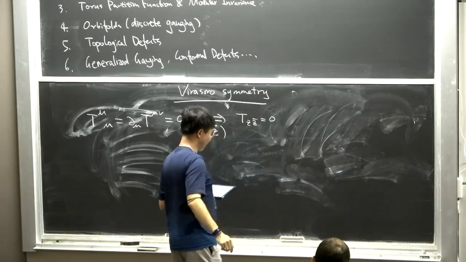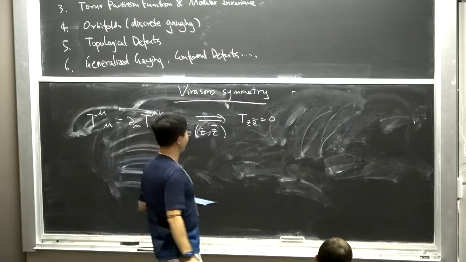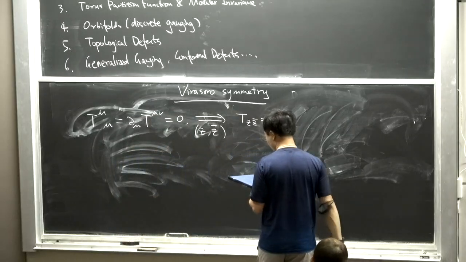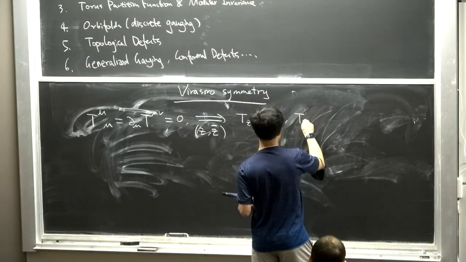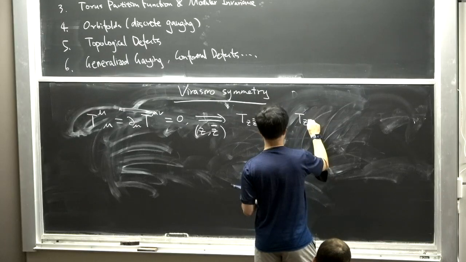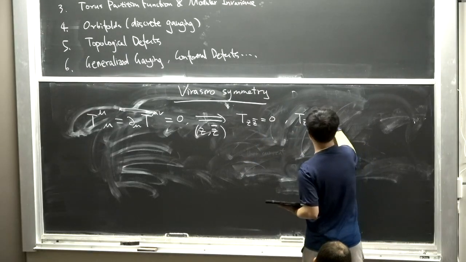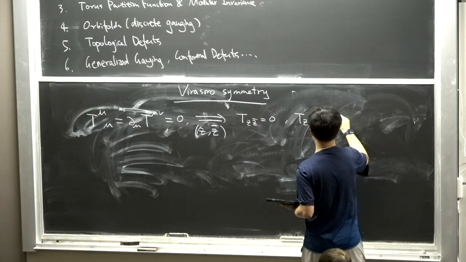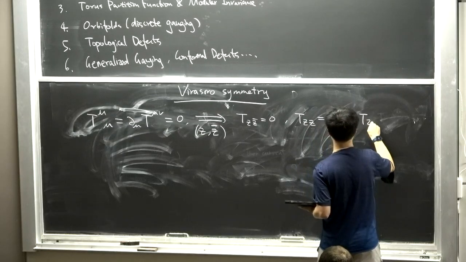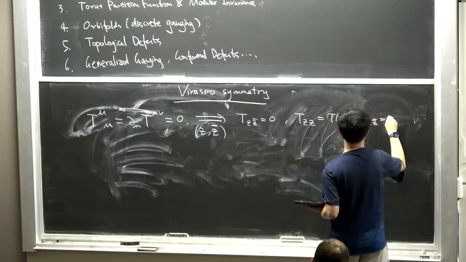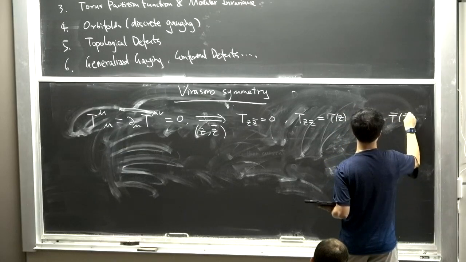This is coming from the traceless condition. And the conservation condition tells us that the purely holomorphic component of the stress tensor is a holomorphic function of the coordinate. And similarly, the purely anti-holomorphic component of the stress tensor is an anti-holomorphic function.